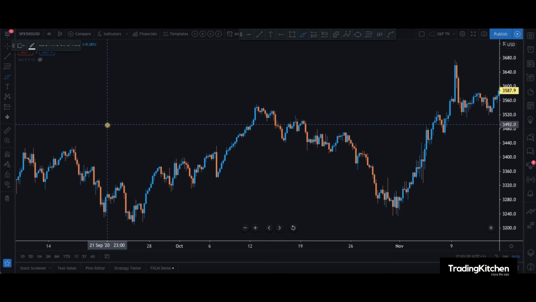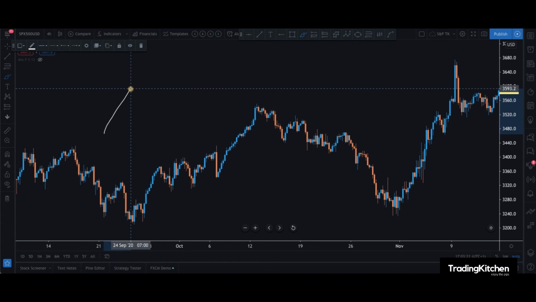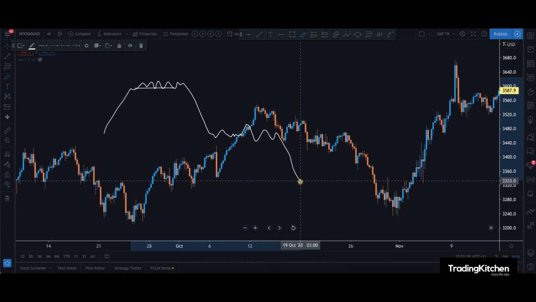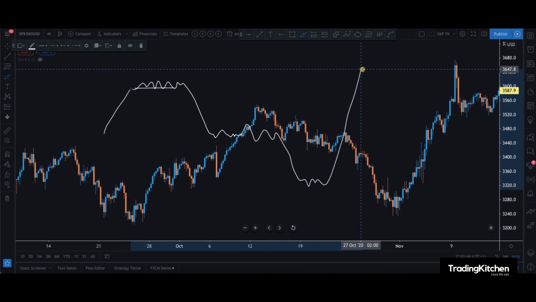Okay, we have first an impulse, okay, then a part of consolidation, okay, and then impulse again, okay, then consolidation, okay, and then impulse again, consolidation, impulse again.